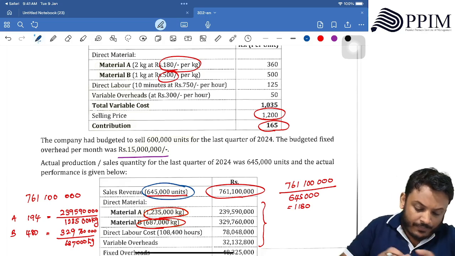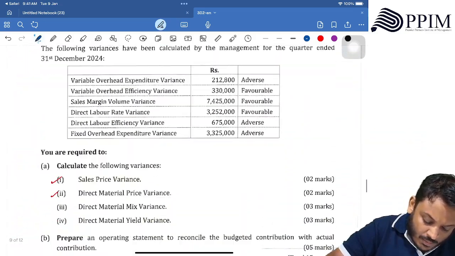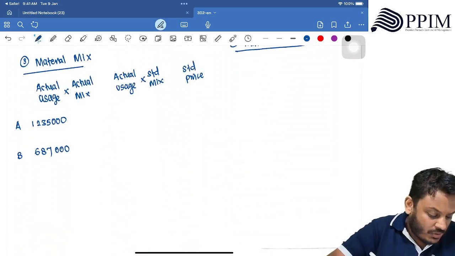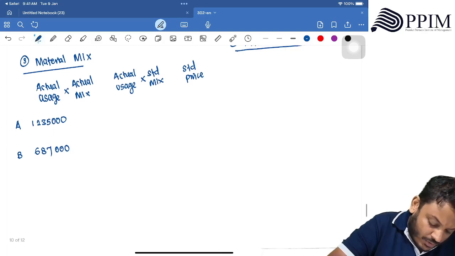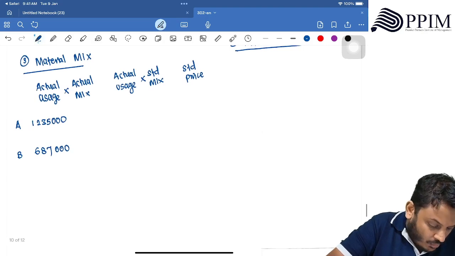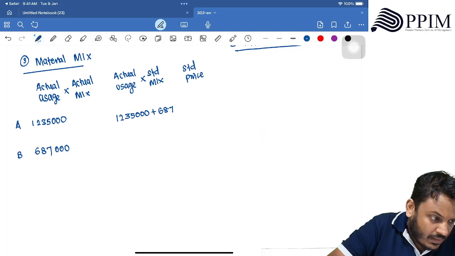So here, see the material usage, actual usage to standard mix. Try to understand the working here. See here, 1,235,000 plus 687,000.